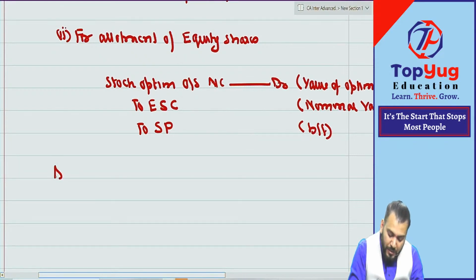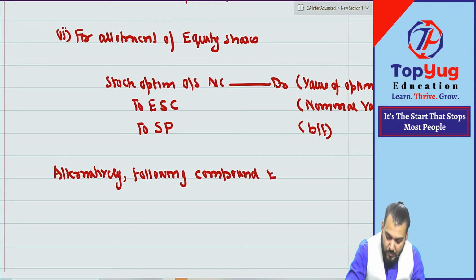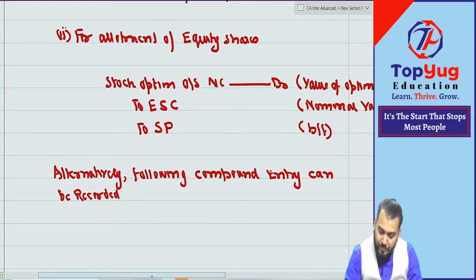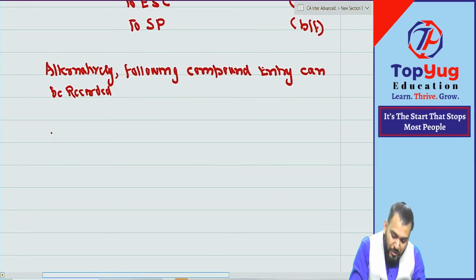Can I say alternatively the following compound entry can be recorded? In exam we'll do a compound journal entry. What journal entry?